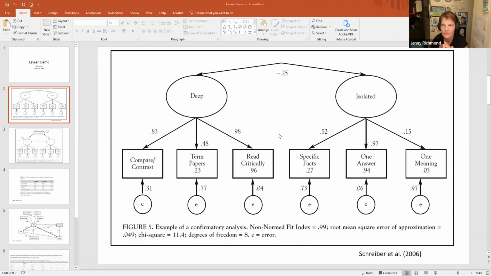You can sort of think about it in the same kind of magnitudes as correlations, in a sense, although you can go above and below 1 for standardized variables. So there's a negative relationship between deep learning and isolated learning. For whatever reason that negative relationship exists between those 2 factors, people who are better at deep learning are not as good at this isolated learning thing.